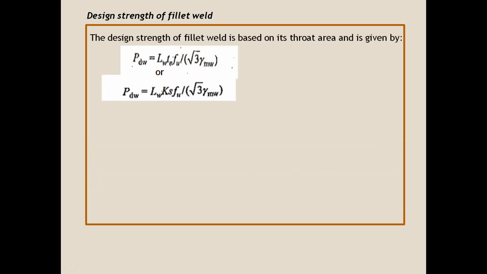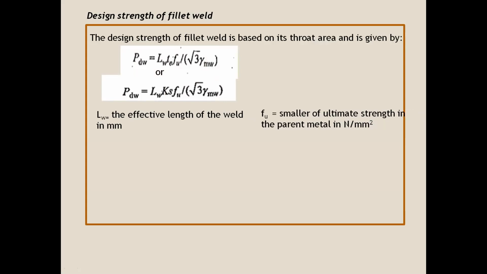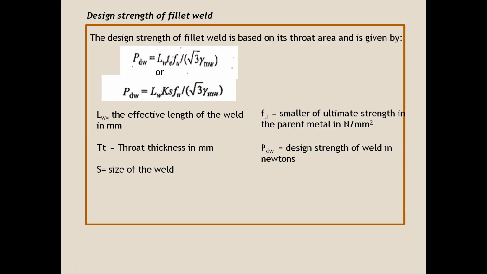The design strength of fillet weld is based on its throat area and is given by Pdw equal to Lw tt, that means effective throat thickness, fu ultimate stress divided by root 3 gamma mw, and Pdw equal to Lw tt fu by root 3 gamma mw.